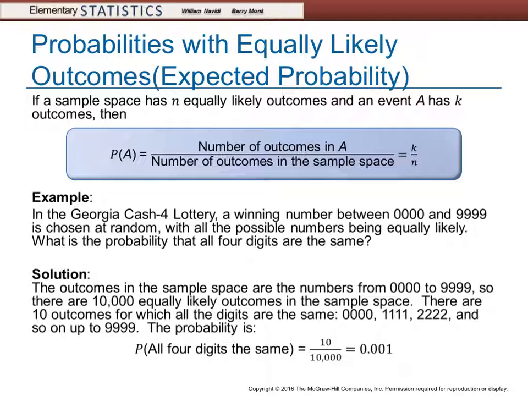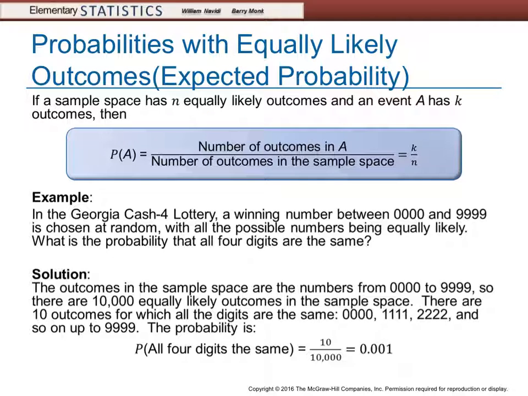Well, the solution is the following. The outcomes in the sample space are the numbers from 0000 to 9999. So there are 10,000 equally likely outcomes in the sample space. There are 10 outcomes for which all the digits are the same.